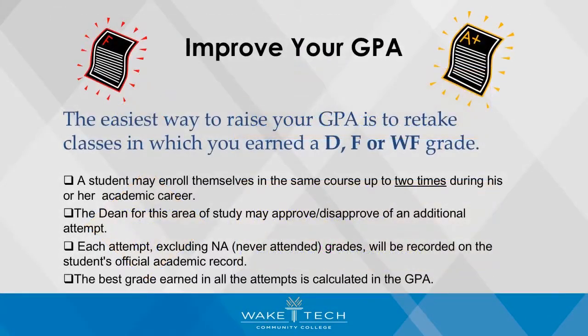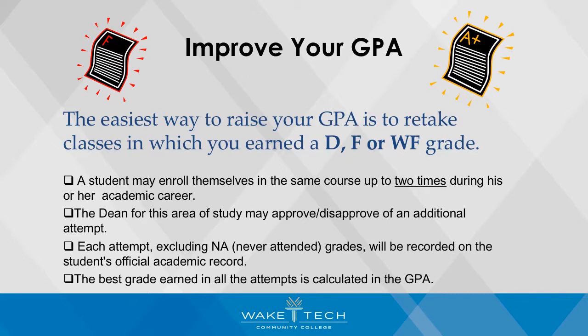All right, so ways to improve your GPA. As we noted earlier, the easiest way to raise your GPA is to retake classes that you made below a C in. You can enroll yourself into a course up to 2 times. We allow you 3 attempts total at a course. For that third attempt, we do require you to gain permission from the dean to take it.